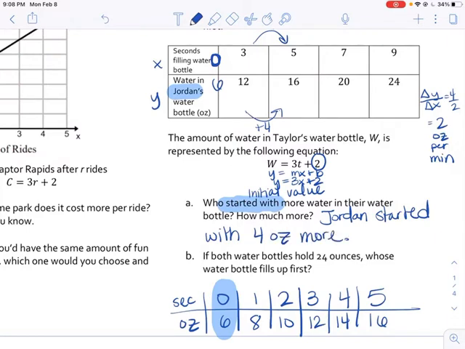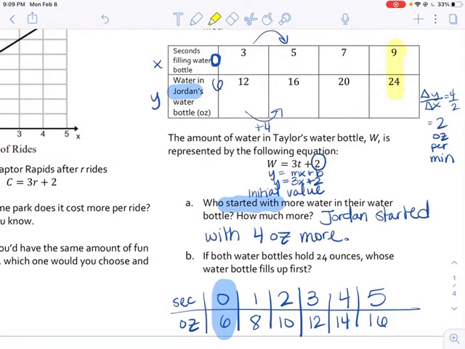All right, if both water bottles hold 24 ounces, whose water bottle fills up first? Because apparently they're racing. The good thing is we already have Jordan's full at 24 ounces after 9 seconds. So I have that one already. I don't have to find it.